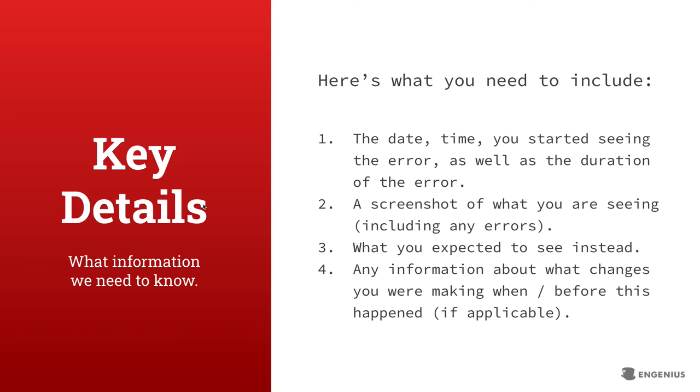Or if you were clicking on a link from a different email or something from a client or from a customer, anything like that we would need to know. Even things that happened the week before may be related to this. So think about what changes have happened that may be related to this. And then just be specific and let us know what those are.